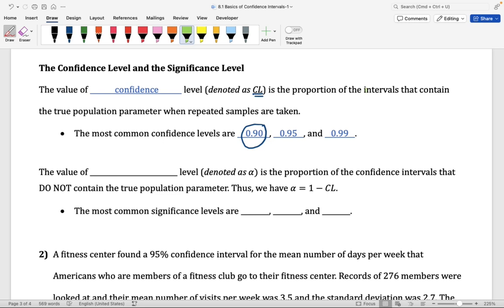So again, the confidence level is going to tell you the proportion of intervals that do capture the true population parameter.